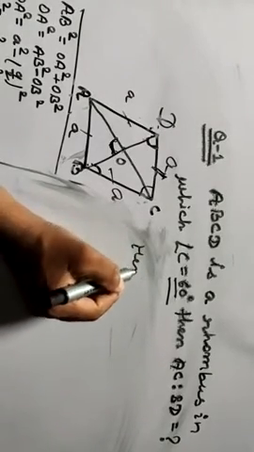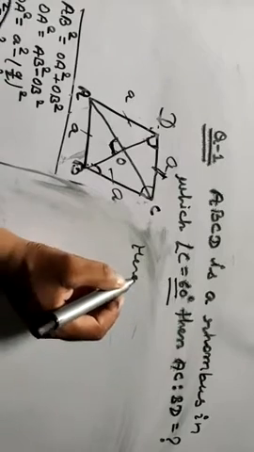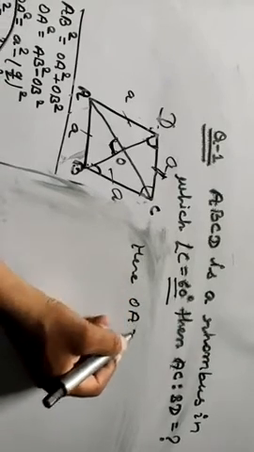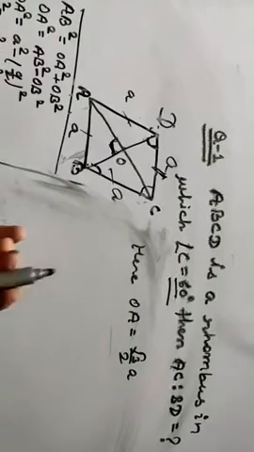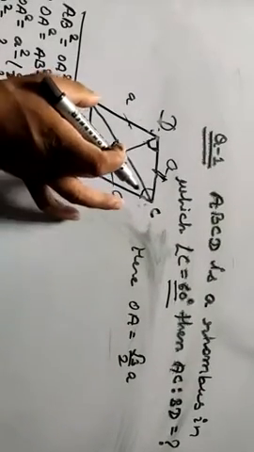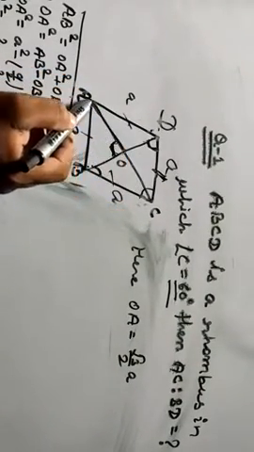Here we got from the question OA equal to root 3 by 2 into A. Okay, OA is root 3 by 2.